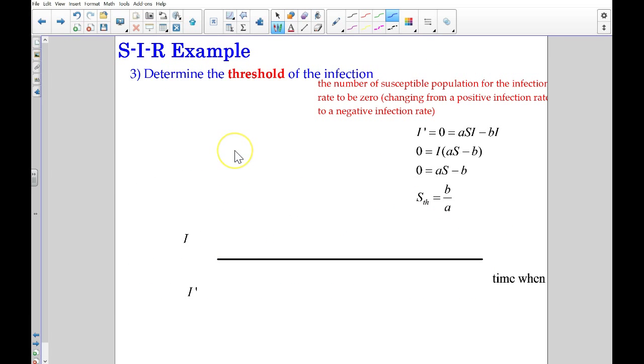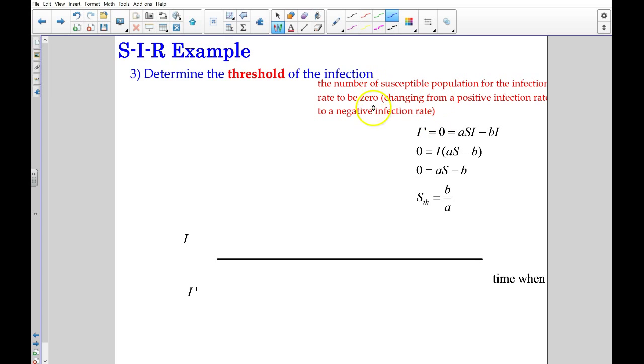Alright, so next we may want to determine a threshold of a function, and a threshold is just simply a number needed for the population to change in some way. And so what we're going to look for is the threshold of infection, so where infection starts to decrease. So the threshold is going to actually be the number of susceptible population, so how low the susceptible population needs to get before the infection starts to die off.